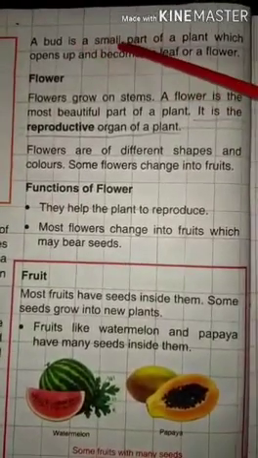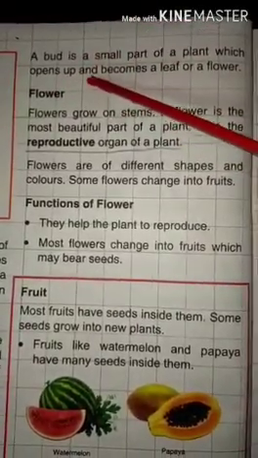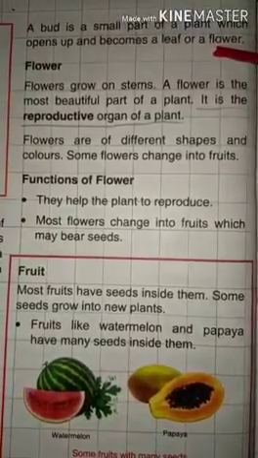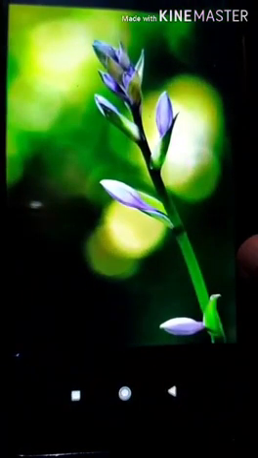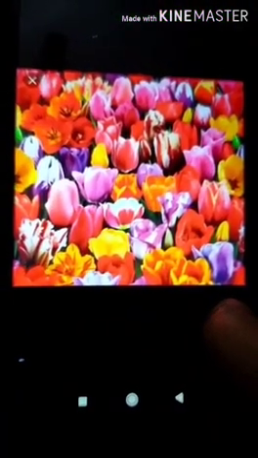A bud is a small part of a plant which opens up and becomes a leaf or a flower. So see here, a bud opens and becomes a leaf or flower.